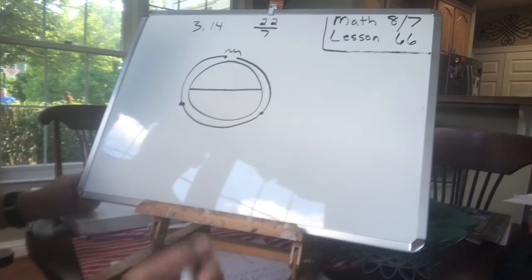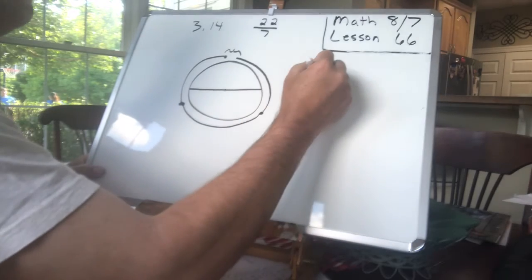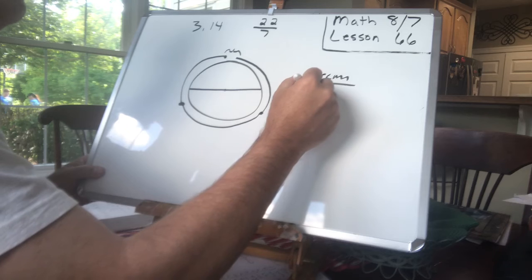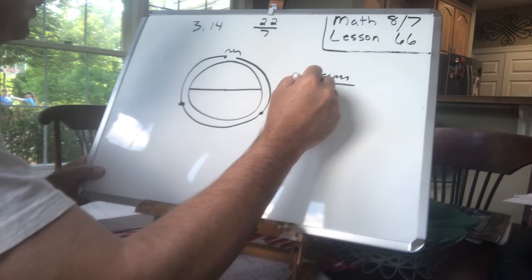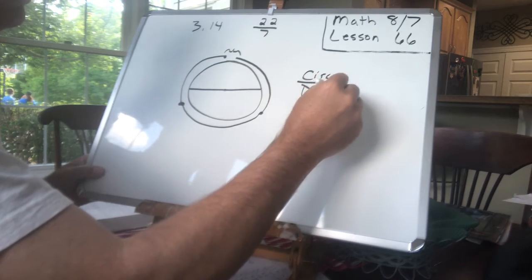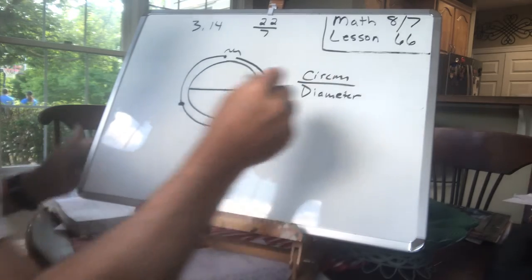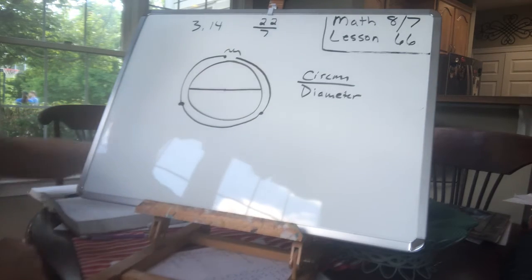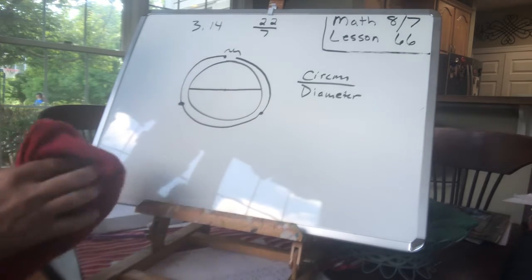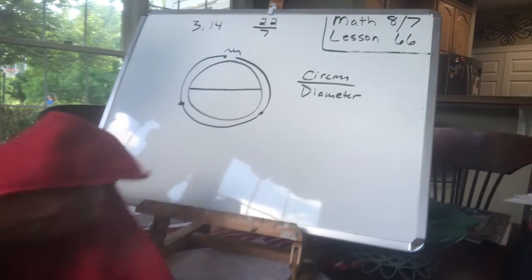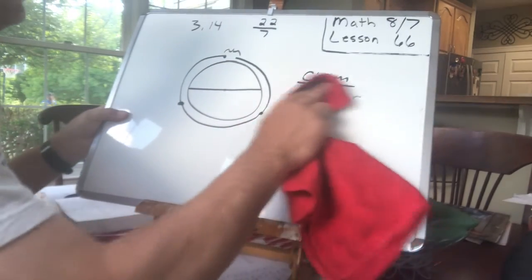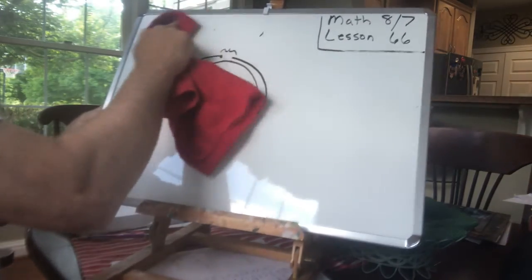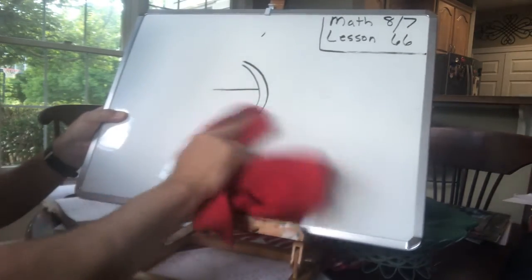What pi actually equals is the circumference divided by the diameter. If you divide the circumference by the diameter, you will always get 3.14, whatever. It keeps going on forever. It's not exactly 3.14, it just goes on forever. Okay? So you needed to know that about the number pi.